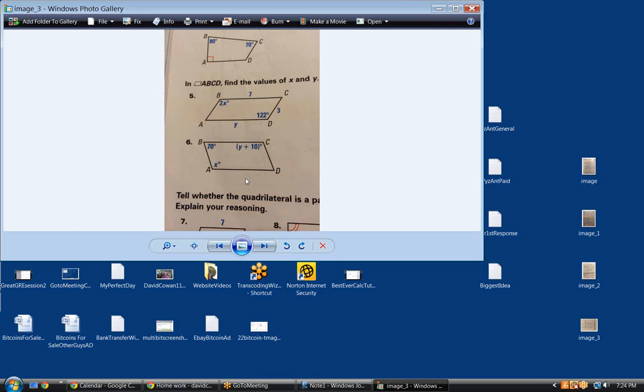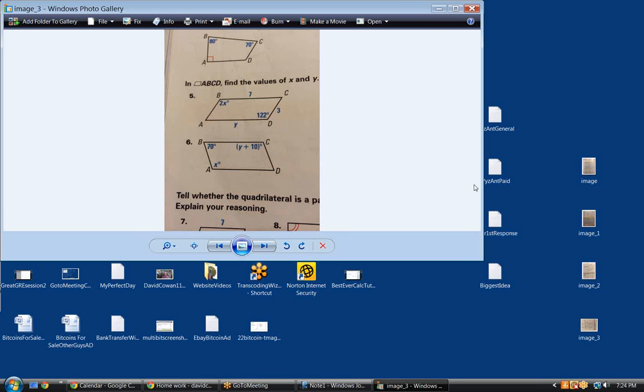So in number 6, what's x? 70. That'd be 110. And what would y be? 110. Well, y plus 10 equals 110, so y equals 100.